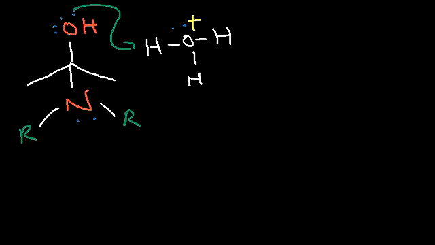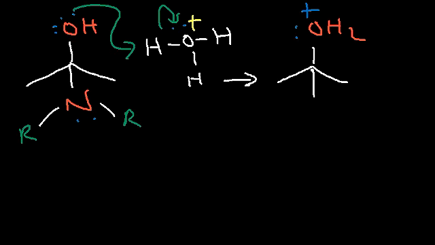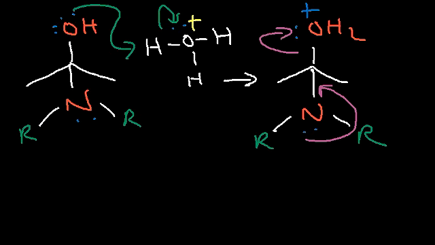So this oxygen will take away hydrogen, and it's going to convert into a good leaving group. So now the nitrogen atom can use this lone pair to form a double bond and to expel H2O.